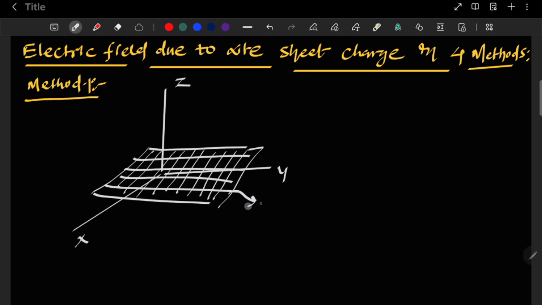And this particular sheet is having the sheet charge density or the surface charge density ρs, which is uniform. That means not changing with respect to spatial coordinates. And we'll consider the source point on this particular sheet charge is given by rho comma phi comma 0, because the point is available on the xy plane, z coordinate is 0, and in the cylindrical coordinates that x comma y can be represented with the rho comma phi.